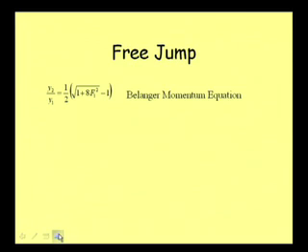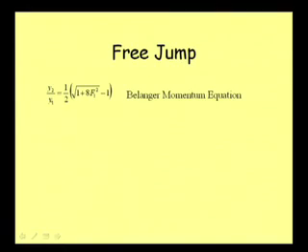Then we need to recall our equation of hydraulic jump, that is y2 by y1 is equal to 1 by 2 root over 1 plus 8 F1 square minus 1. This F1 is the Froude number of the upstream side. This equation comes from the momentum equation, where we equate the forces to the rate of change of momentum, and that is how we could derive it.